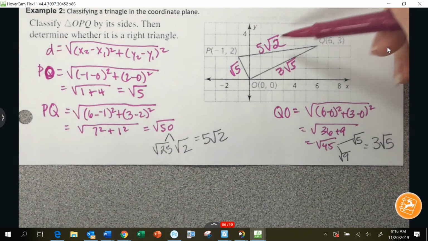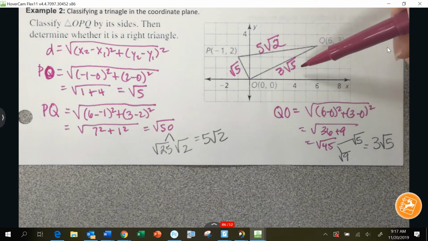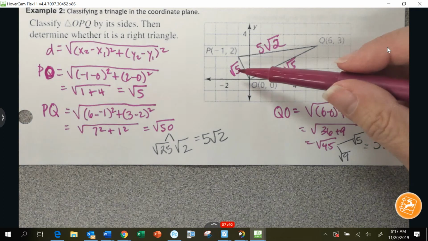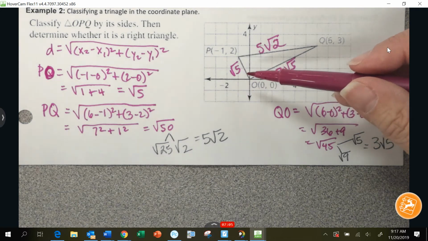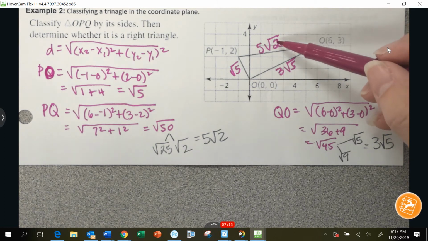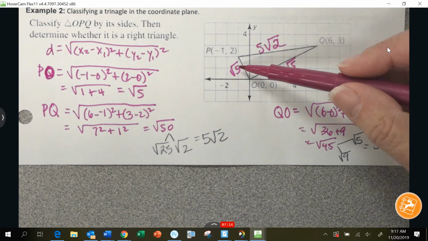Do you guys know, am I allowed to add up all these? Just curious what you remember from Algebra 1, if you remember anything. Are you allowed to add a square root of 2 plus a square root of 5? It's okay if you don't remember. My pre-calc kids don't remember. Can I add together a square root 2 and a square root 5?